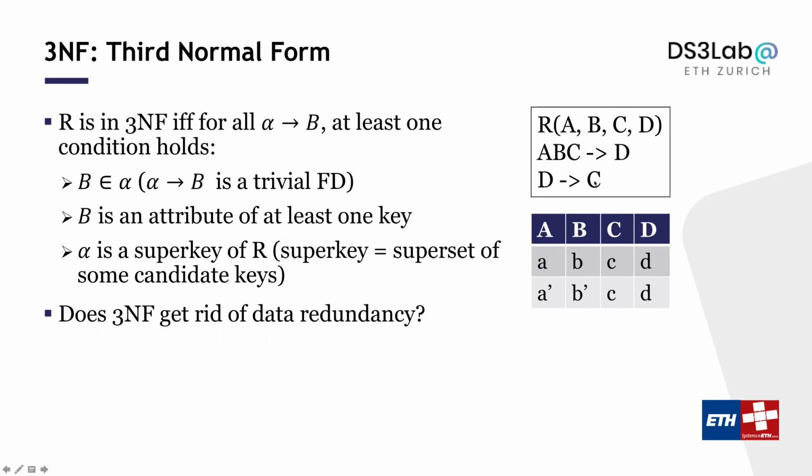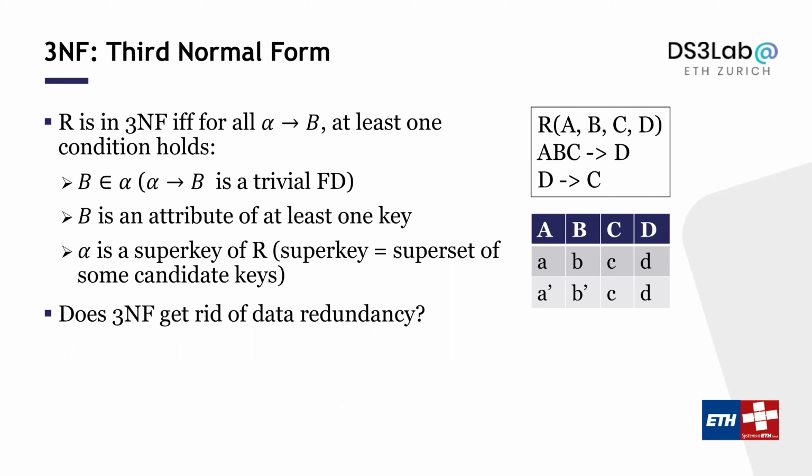In this case, it is. The key of this relation is ABC, and the right-hand side is part of a key. So this functional dependency D to C is okay for third normal form. It satisfies one of these 3 conditions, so this is a design that satisfies third normal form.